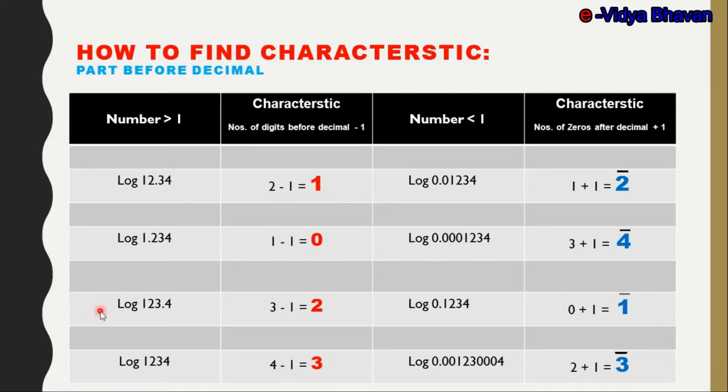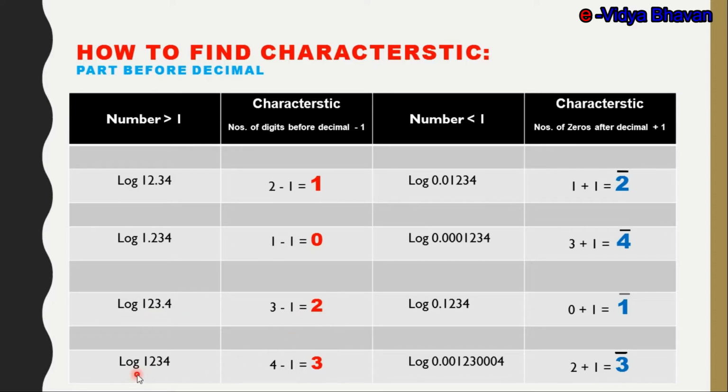Again let's see the second example, log 1.234. So before the decimal we have one number, so we'll have 1 minus 1 equal to 0. In the third example we have log 123.4, that is, before the decimal we have three numbers, so 3 minus 1 equal to 2. This is the characteristic 2.